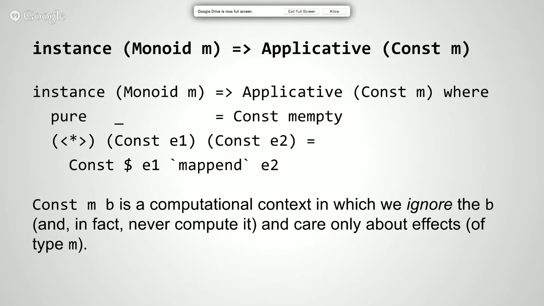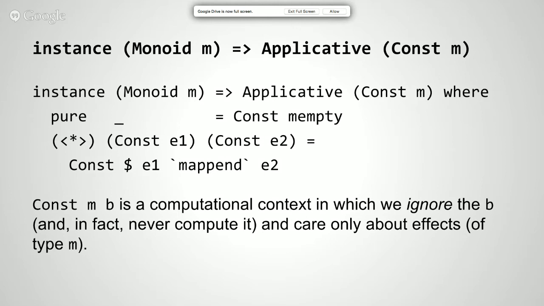Monoid M implies Applicative (Const M). Remember, a monoid is a type that has an empty and an append, so it can collect things. The instance is: pure on any value is just Const mempty. We're saying we had no effect, so we put mempty in that monoid.